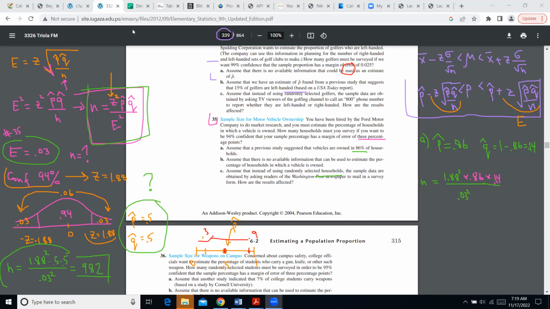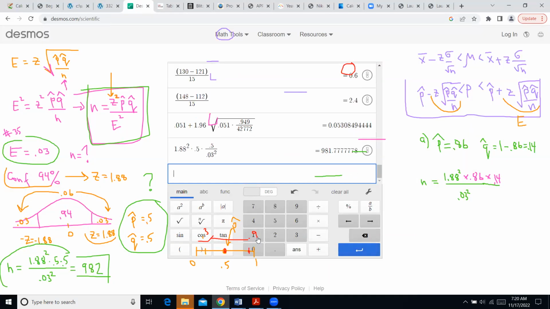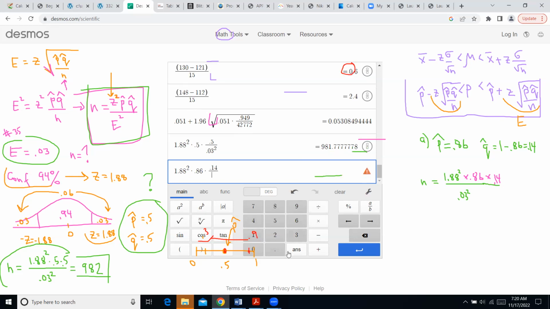So let me re-enter the whole thing so we better see it. So 1.88, and then I go times 0.86, and then again times 0.14, and then we divide by 0.03.